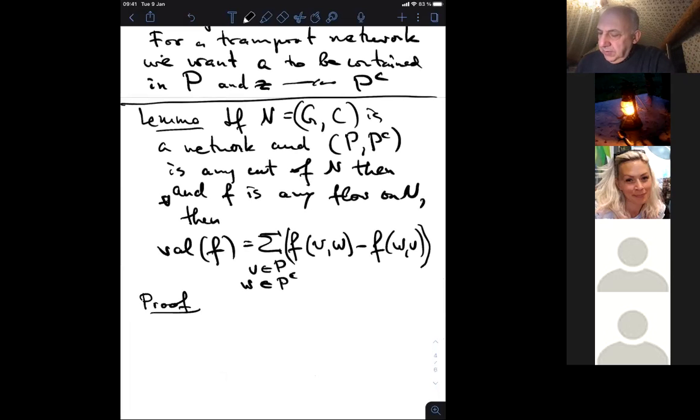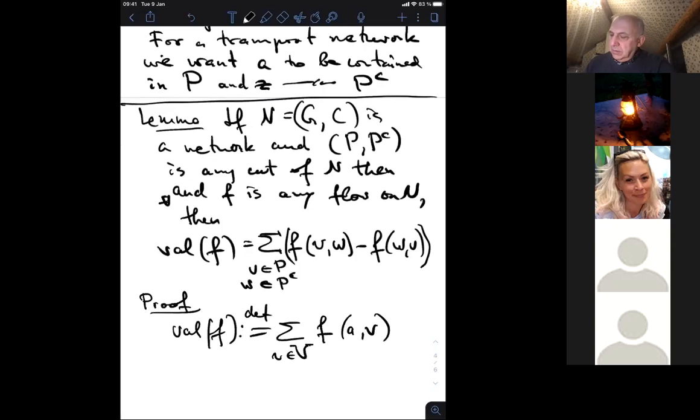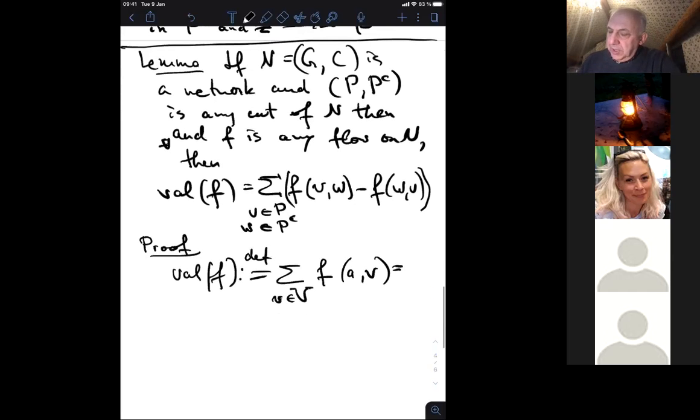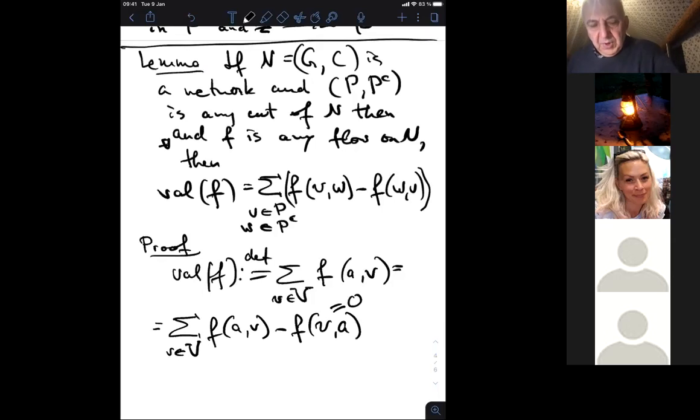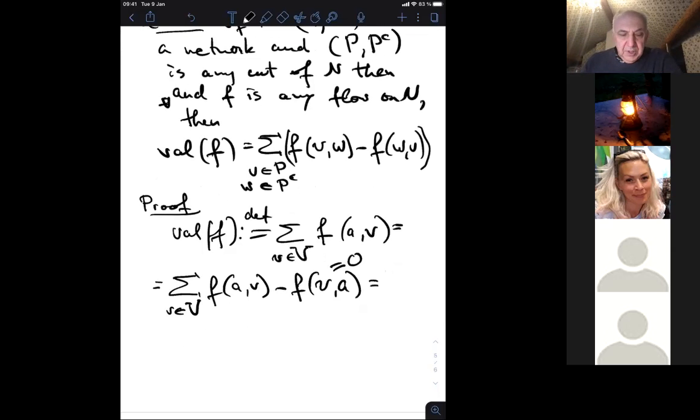By definition, the value of the flow is the sum over all vertices V of f of A to V. So we're taking everything which goes from A to all other vertices in V. We can rewrite this by even adding, since the incoming degree of A is 0, this thing with a minus sign, because it's actually 0, and this doesn't change anything in our consideration.